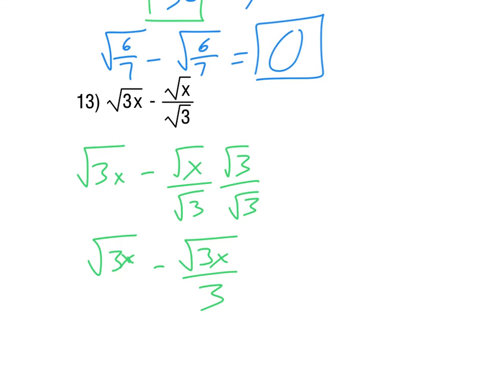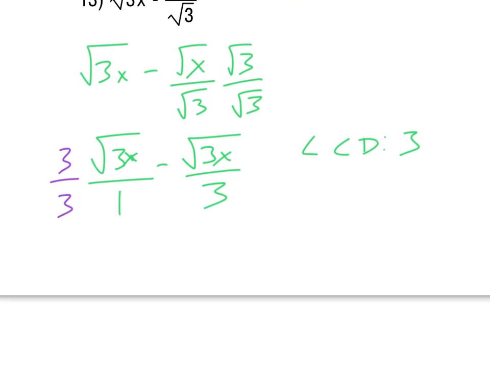Now if I'm going to actually combine these, I need a common denominator. The LCD would be 3. The square root of 3x over 3 already has that for its denominator. The square root of 3x, really over 1, needs that for its denominator if we're going to combine them, so multiply top and bottom by 3.